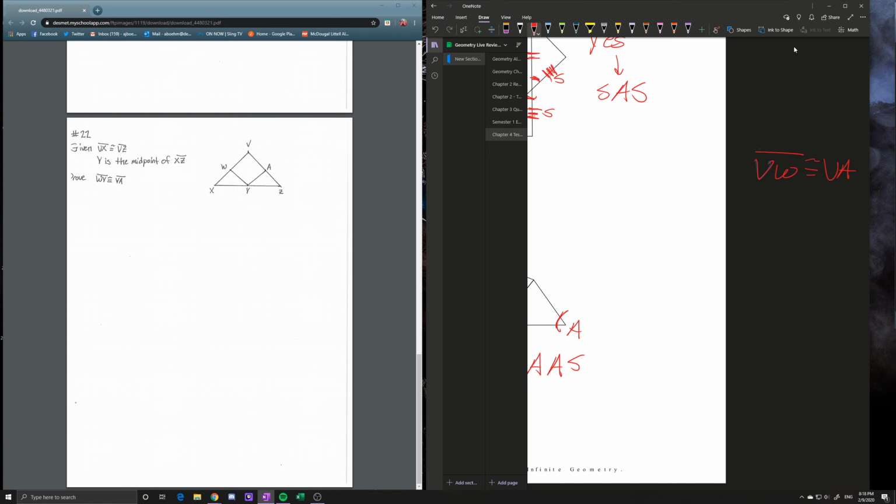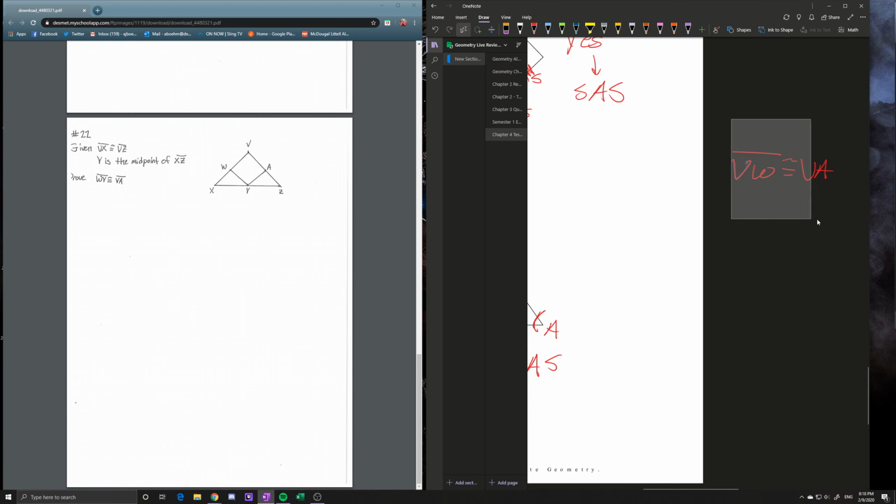So you can use base angles theorem there and definition of midpoint, prove that the two smaller triangles are congruent, and then prove that WY is congruent to YA. I hope that makes sense. It's missing a little piece of information, which is this right here. Okay, so with that, you should be able to solve it.